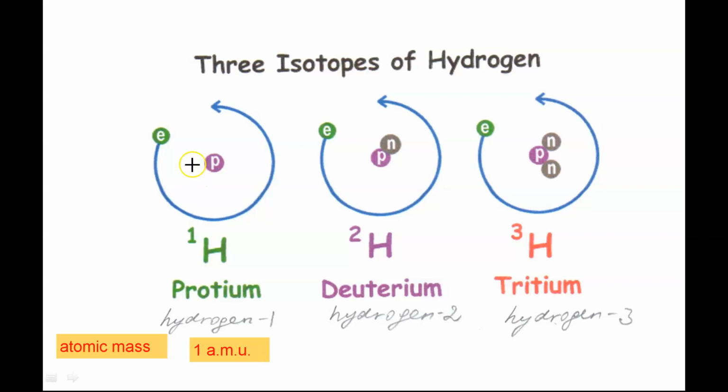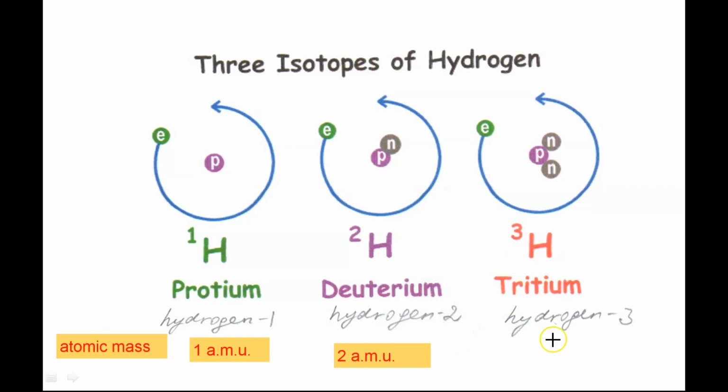Because I only have 1 proton. So what is going to be the atomic mass of hydrogen 2? Well, you know it has to be 2 because it is hydrogen 2, right? But why is it 2? Because I have a neutron here. And so 1 neutron plus 1 proton is 2. So the mass of hydrogen 2 is going to be 2 atomic mass units, 2 AMUs.